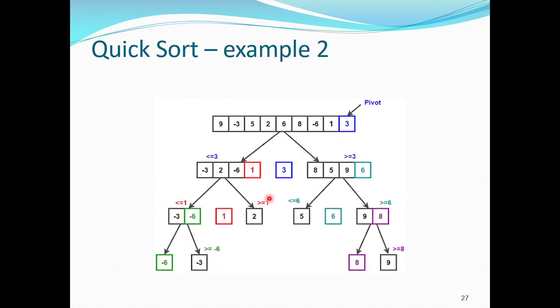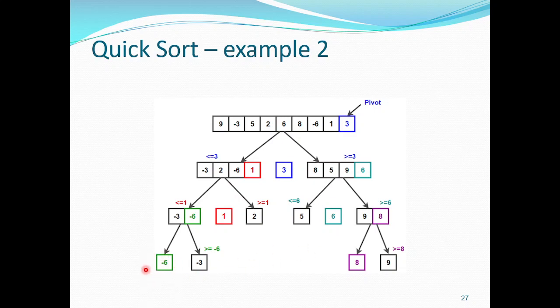Another example here: we have a list of 9, an array of 9. We take the last element as the pivot, 3, and then we compare each element here with 3, and we can move to the left, and also we move to the right. They continue the process until it reaches the end of the tree.